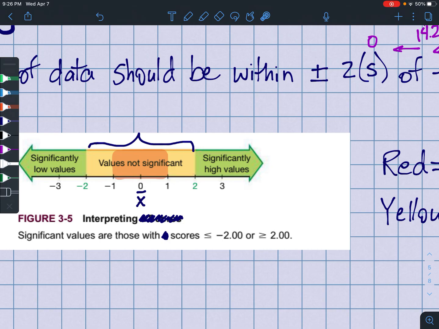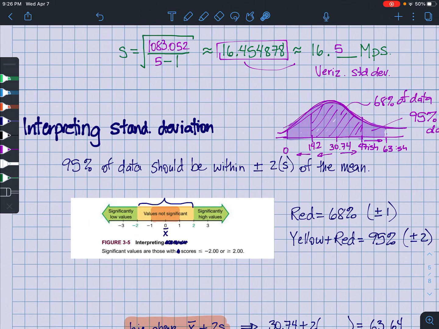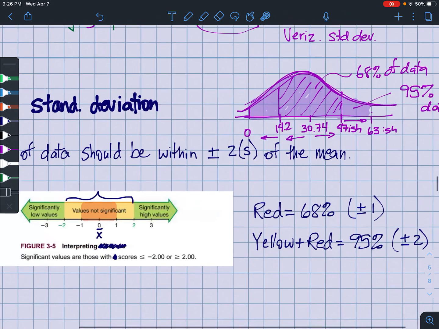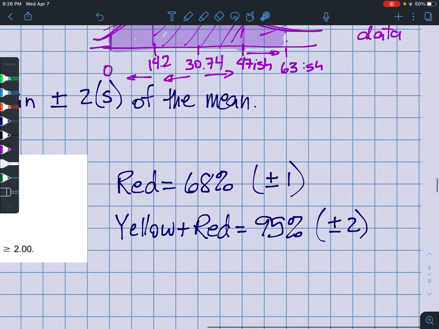All right. So what they're telling us here is that if you are looking at significant data, okay, you should be within plus or minus 2 standard deviations of the mean. That would be what we would label as significant data. And there I have those 2 little stats.